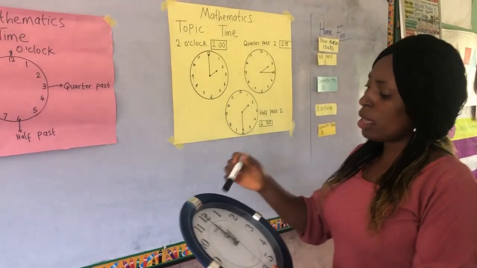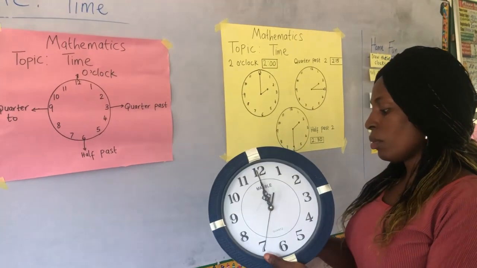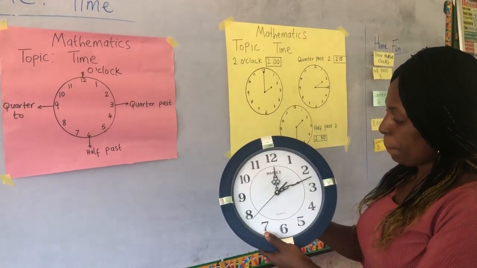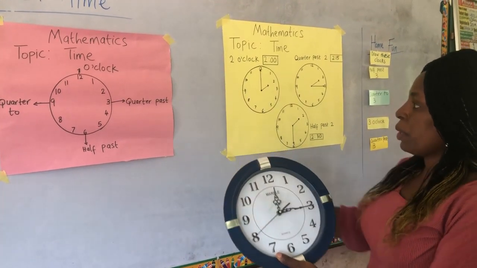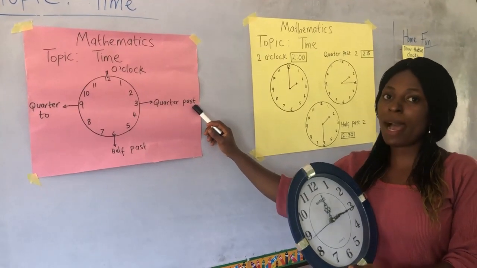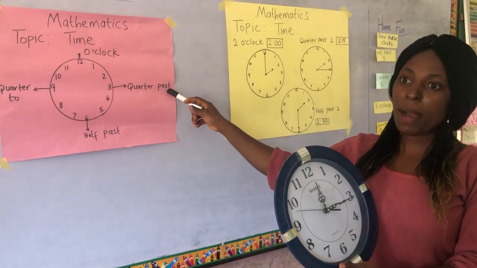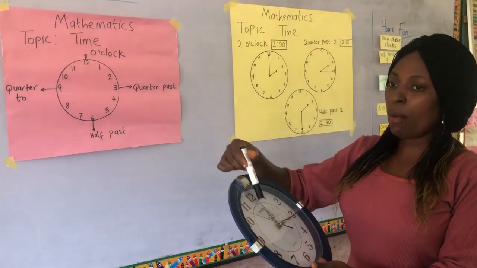Now when the minute hand moves to 3, as you can see here and on the chart, you read the time as quarter past or 15 minutes past, whatever the hour is.